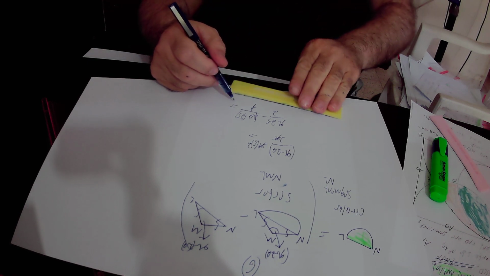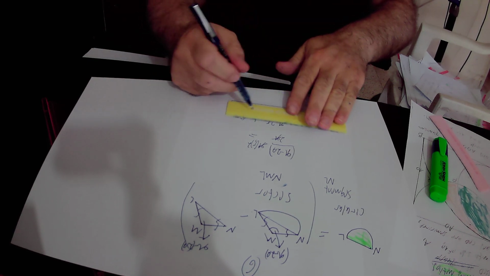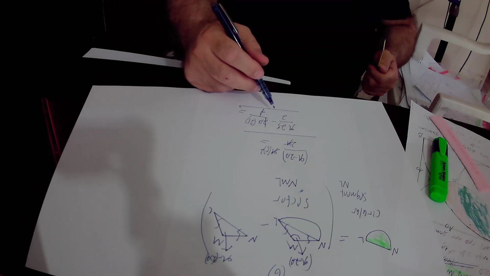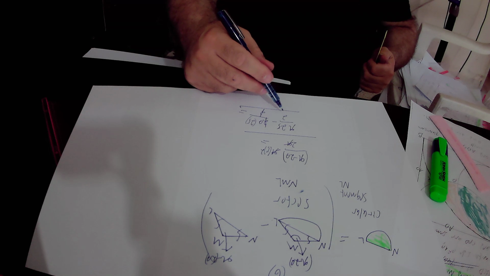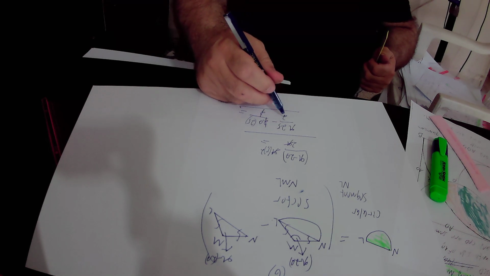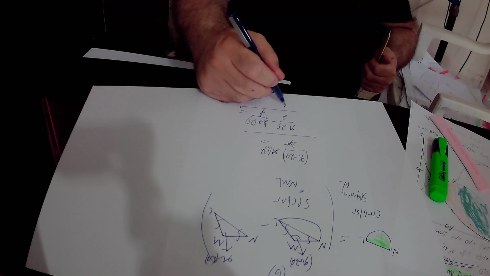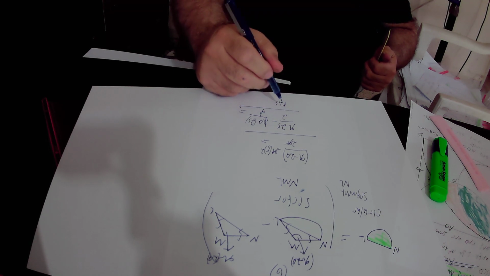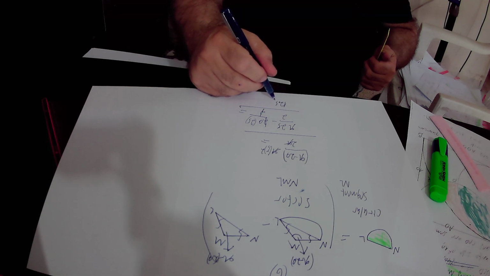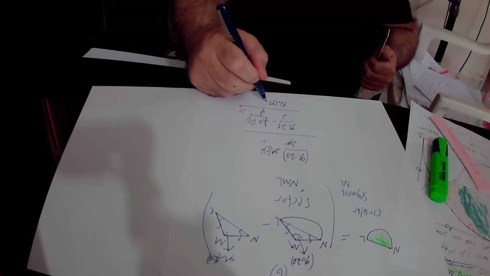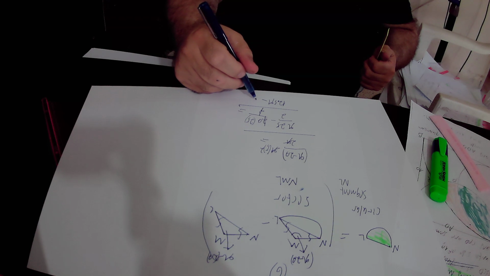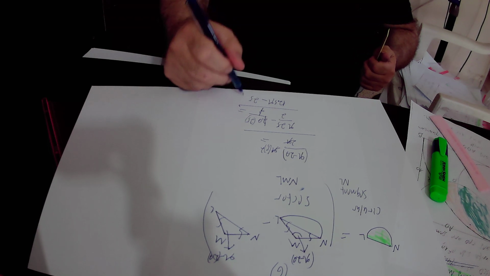So here I found out that the area of sector NML equals 25 over 2, which is 12.5. So this expression in total equals 12.5 pi minus 25 theta.